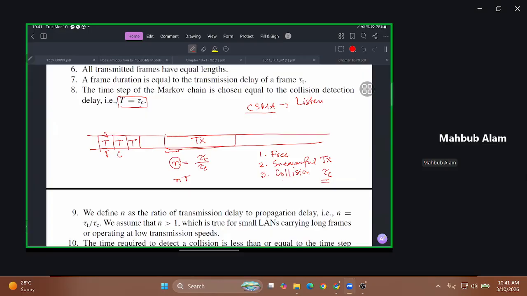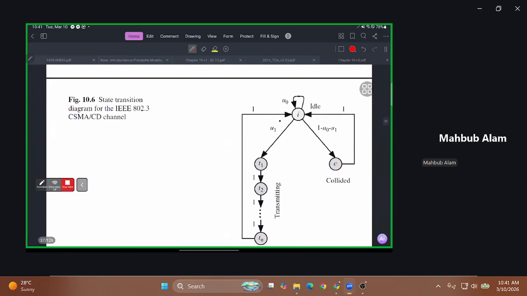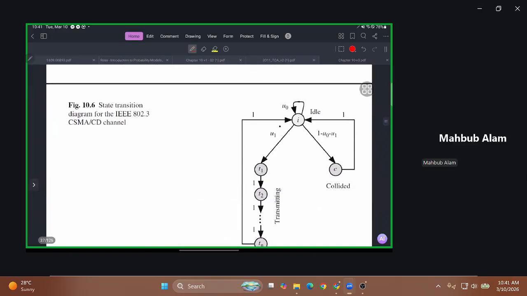So if we draw the Markov chain, it will be like this. This is a very simple one. We can have an idle state, where no station is transmitting.